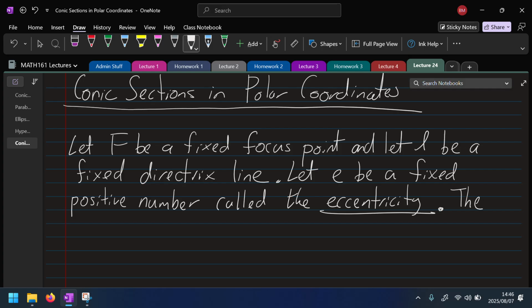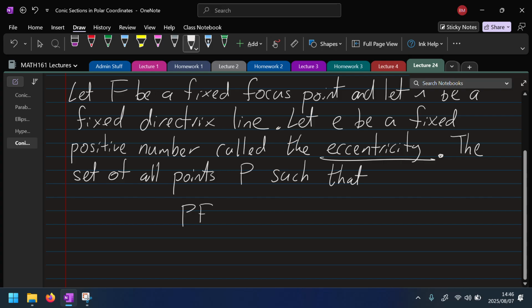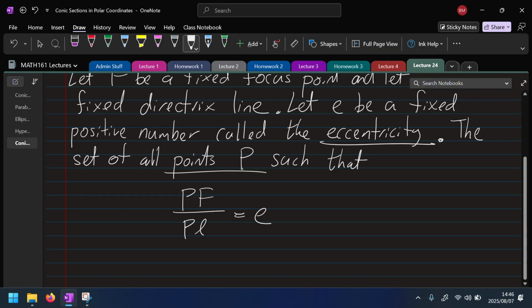Okay, then the set of all points P such that PF over PL equals E. So we take the distance from point P to F, and then the distance from point P to the directrix line L. That's going to be equal to E. Okay, so the set of all these points is a conic section.